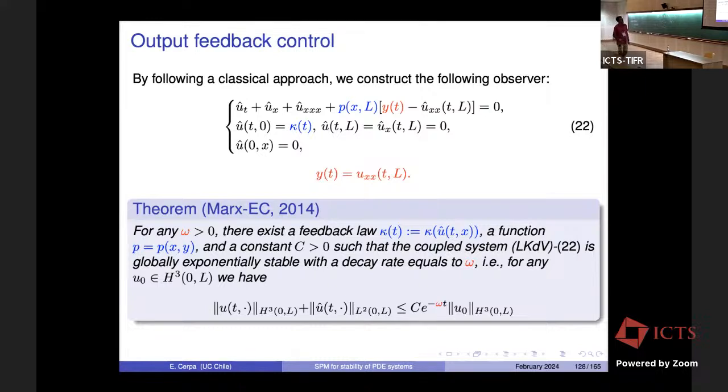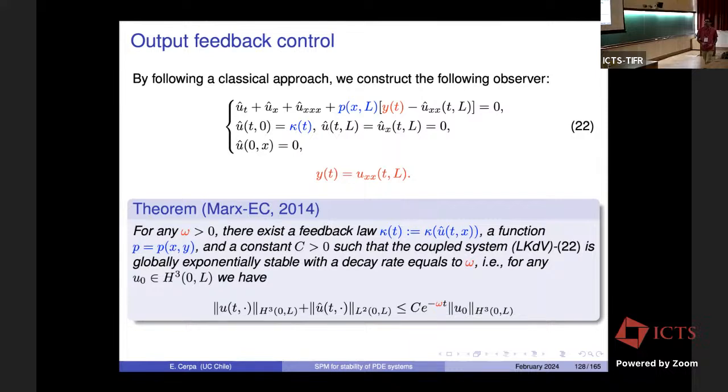And here, you know, there are two things: the control and the observer. They both are built with this backstepping method. The control K is the same as we used before, but we are not putting K of the original solution, but K, or kappa, of the observer.